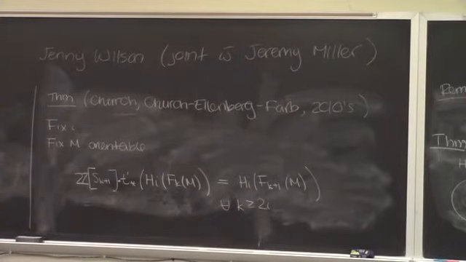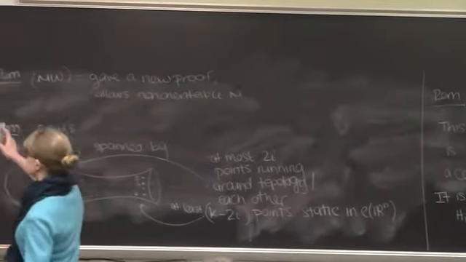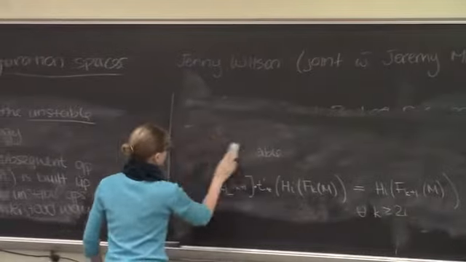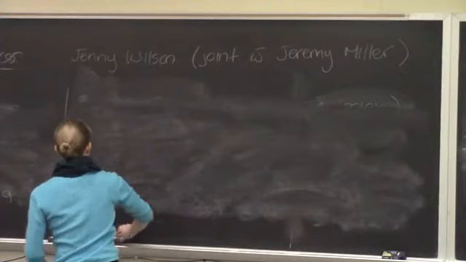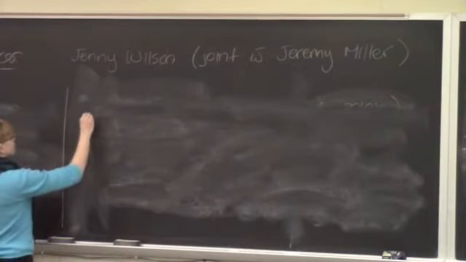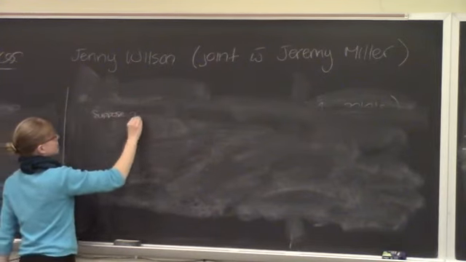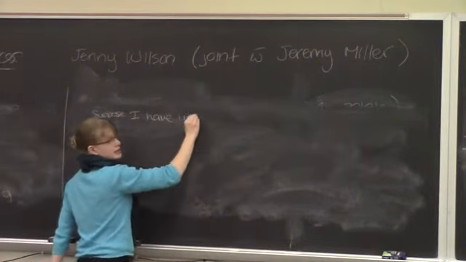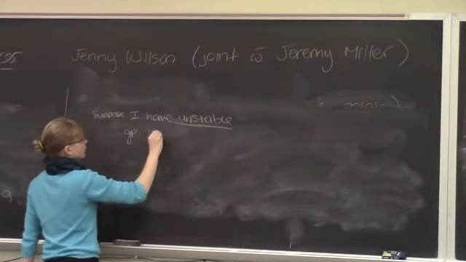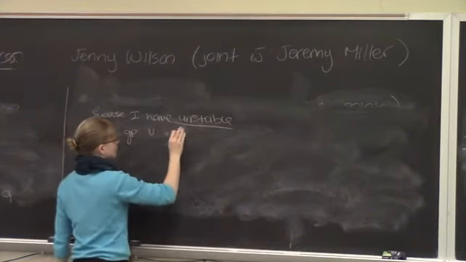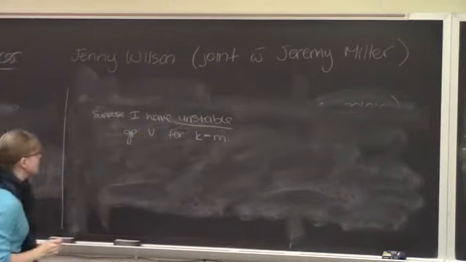Is it like a spectral sequence, or is it some real deterministic procedure? No, it's very deterministic. I'll write it down for you. Suppose I have an unstable group, I'll call V, in degree m, for k equals m.